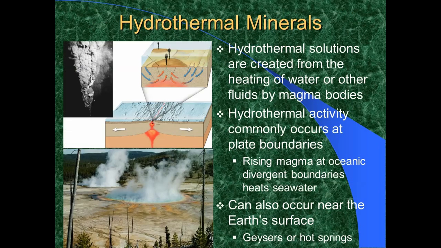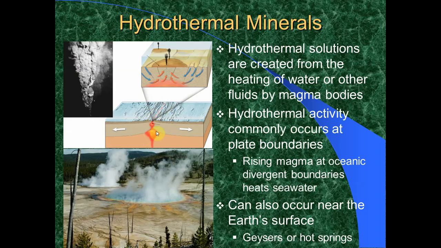So once again, the first thing we need are hot fluids. Where do we get those hot fluids? Well, the most common setting is an oceanic divergent plate boundary. Remember, we've talked about this before, guys. So in the middle of our oceans, this plate is moving this way, this plate is moving this way. Magma upwells from the mantle, and we actually create new crustal material.